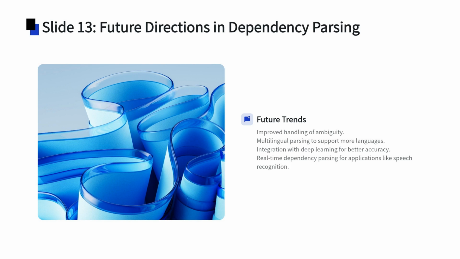Deep learning integration: with the rise of deep learning, there is increasing interest in combining neural networks with traditional parsing methods for higher accuracy and efficiency. Real-time parsing: advances in real-time dependency parsing will be critical for applications like speech recognition, where immediate processing is required.